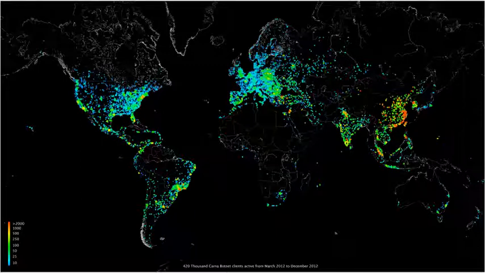Which is 4, 5, 6, this one. Then we have, so now we are in the range of /27. So it means that each block is 32 addresses.